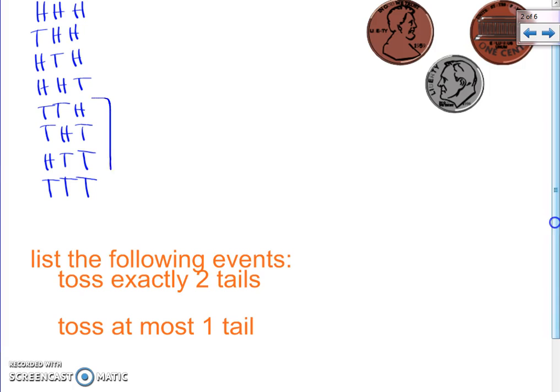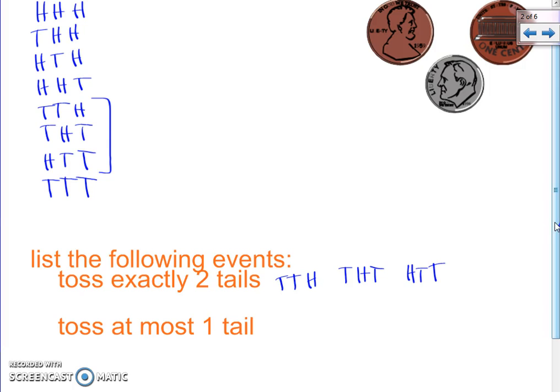It's right here, right? Those have 2 tails? Okay, it doesn't say what is the probability, it says list them. Okay, so we have tail, tail, head, tail, head, tail, head, tail, tail. So don't write the probability when they ask you to list the events.